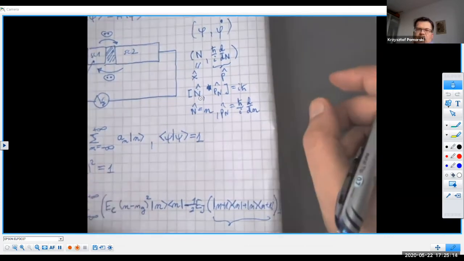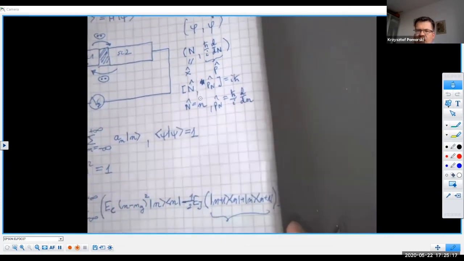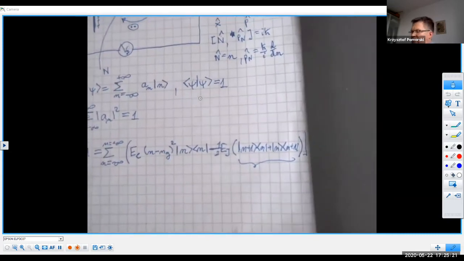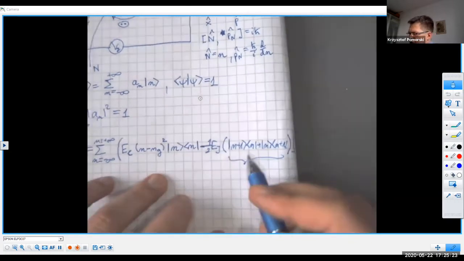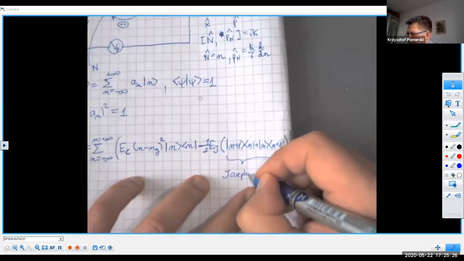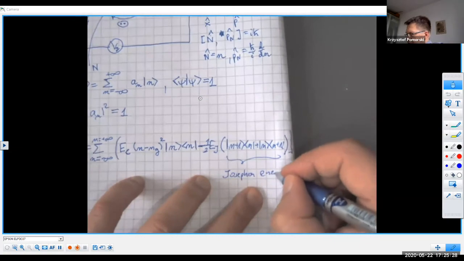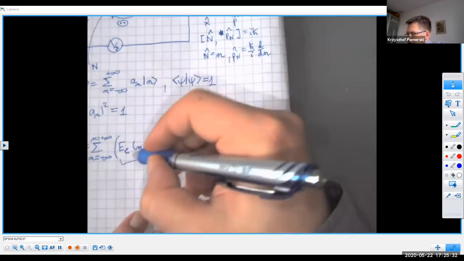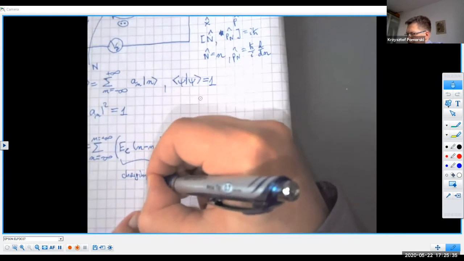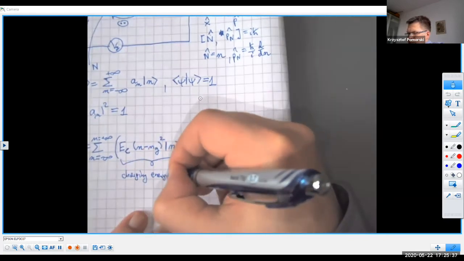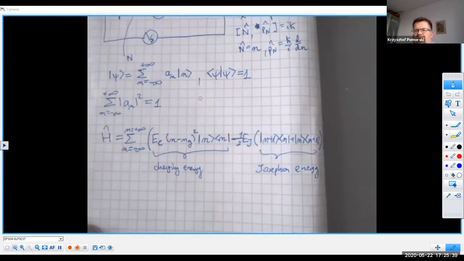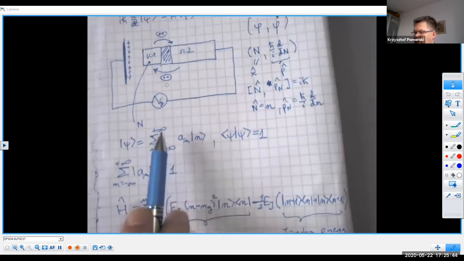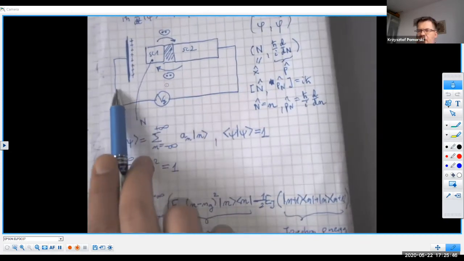And okay, so now how to write the Hamiltonian for such a system. So obviously we have, so this is Josephson energy, and this is charging energy. It's important to admit that we have here Vg, that is the polarizing voltage.